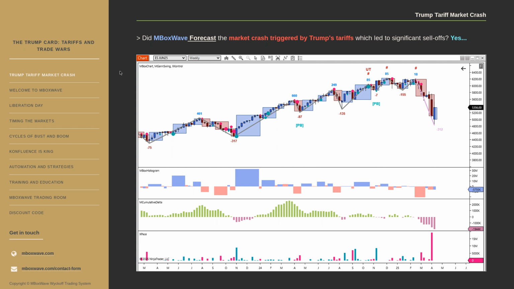So the first slide I've got here is called the Trump tariff market crash. As you all know, the markets have been very volatile for the past couple of months, and a lot of it has to do with Trump's policies and the tariffs that are going on.